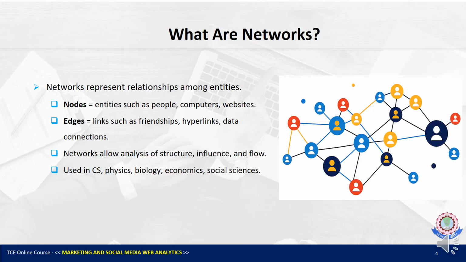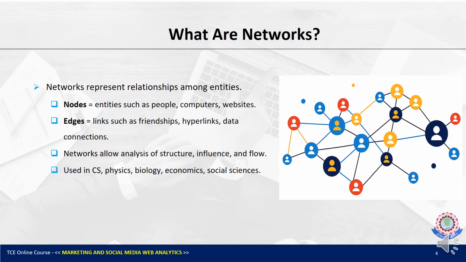So what are networks? A network is a structure that represents relationships among entities. Each entity is a node. This could be a person, a computer, or a website. The connections between nodes are called edges. These can be friendships, hyperlinks, or communication links.